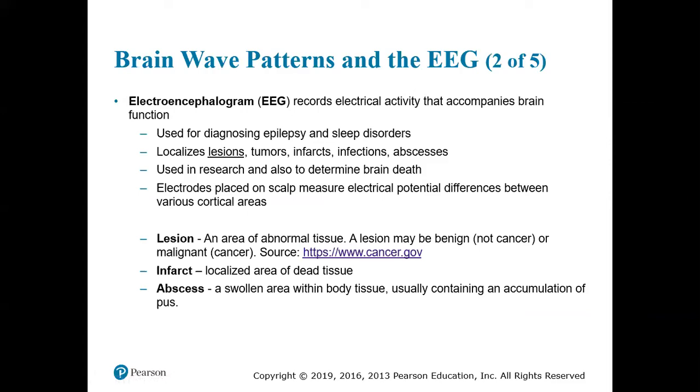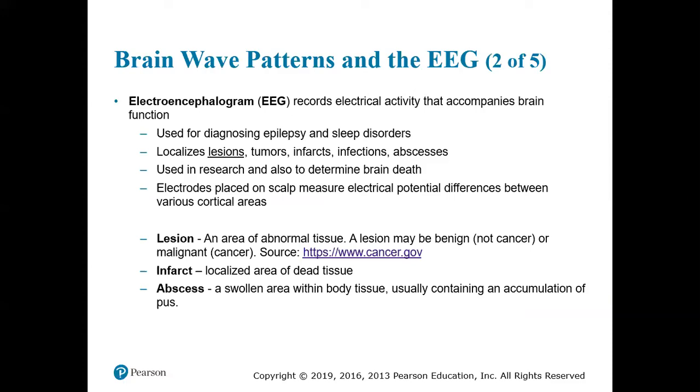Lesion: an area of abnormal tissue. A lesion may be benign, non-cancerous, or malignant, meaning cancerous. The same thing can be said about a tumor. A tumor can be benign, a tumor can be malignant.